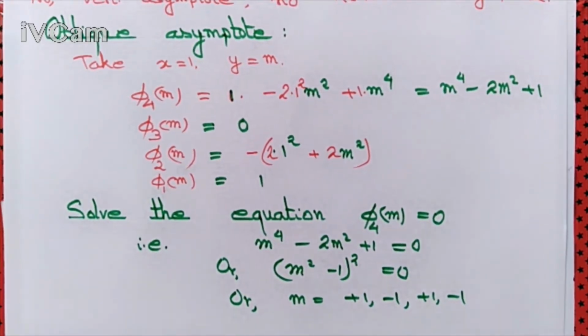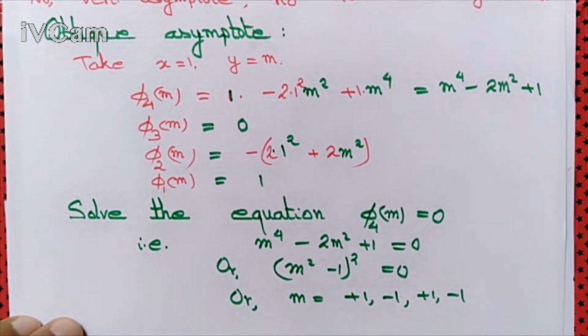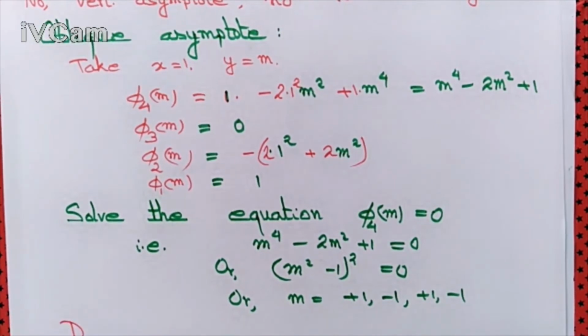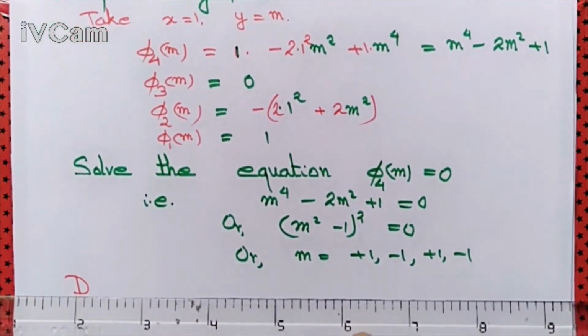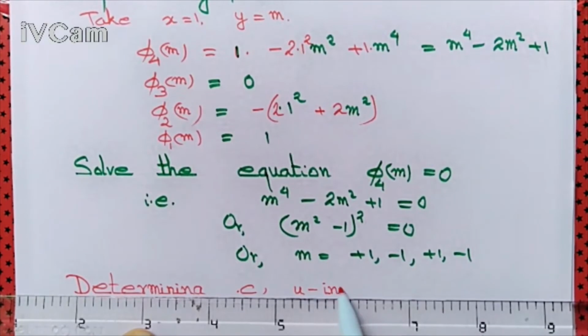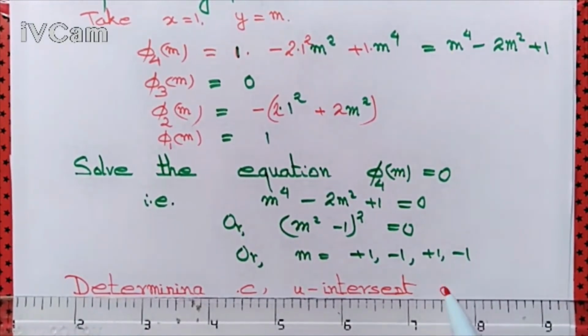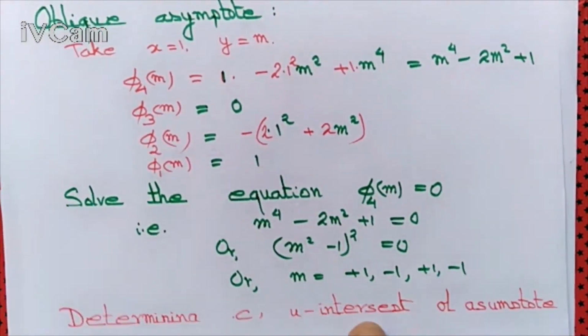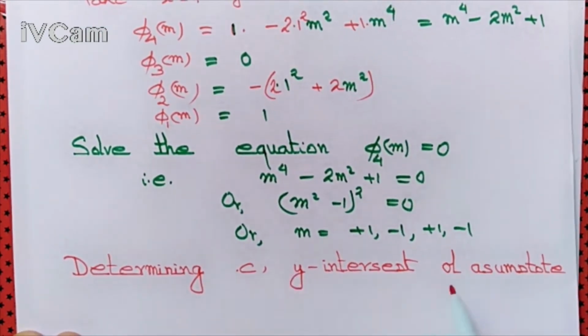Next step. Determining c, the y-intercept of the asymptote.